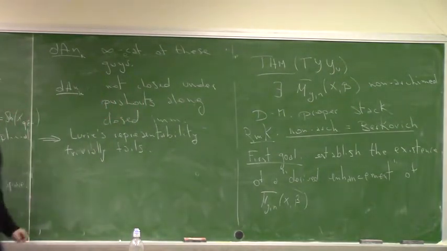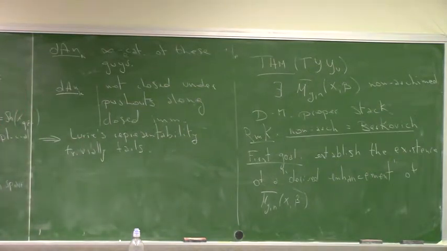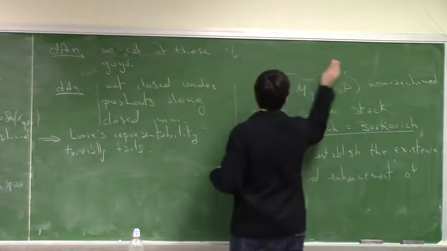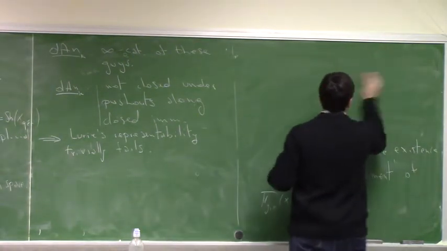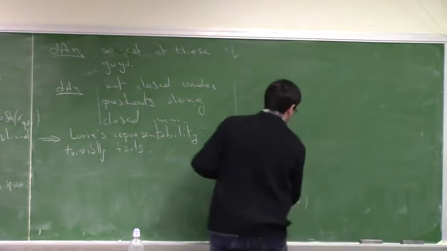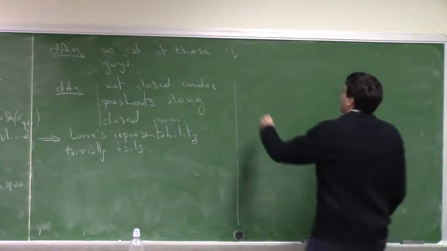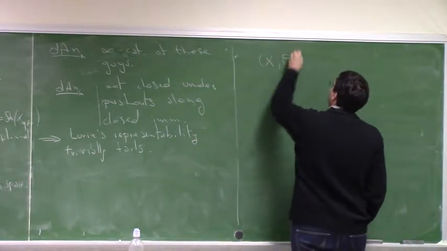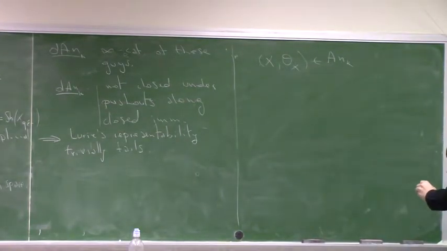Can you give us an example? So let me explain, because it's instructive to understand why this is not closed. And the counterexample will also suggest how to fix the problem. So let me consider (X, OX), an analytic space, either complex or non-Archimedean.